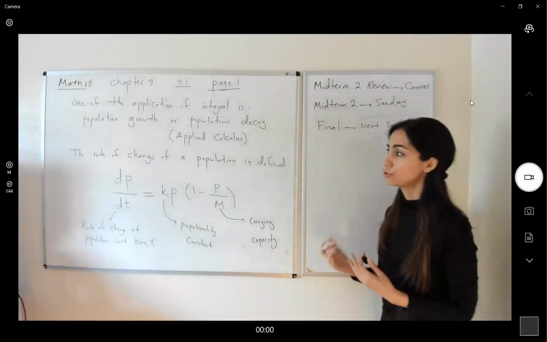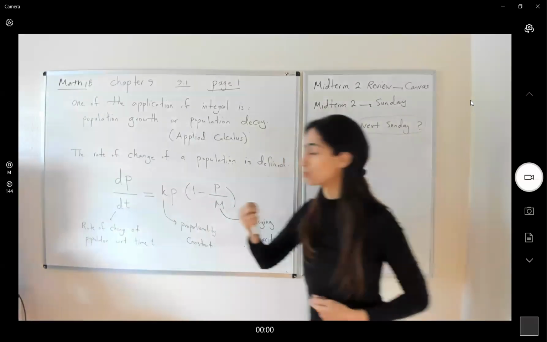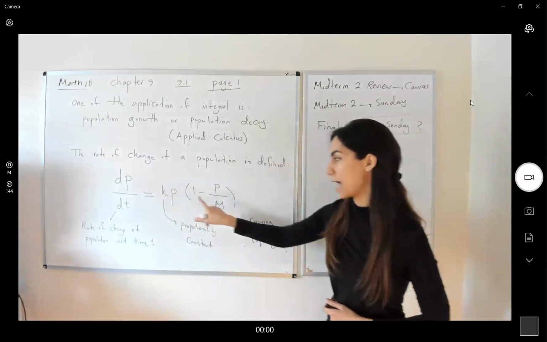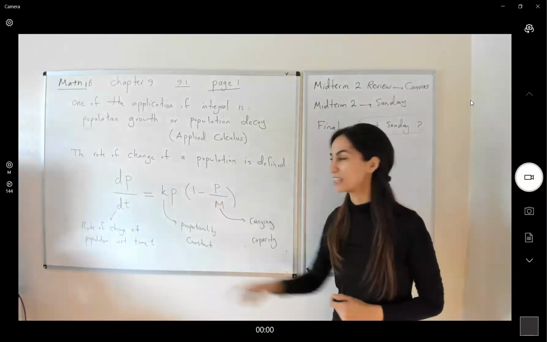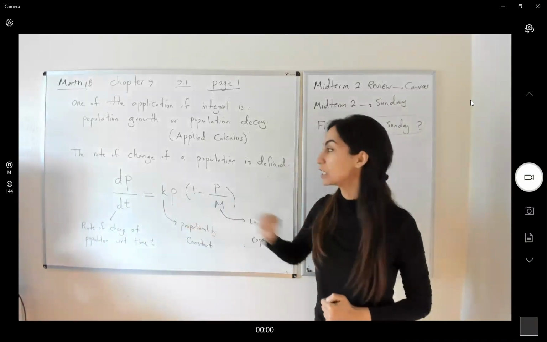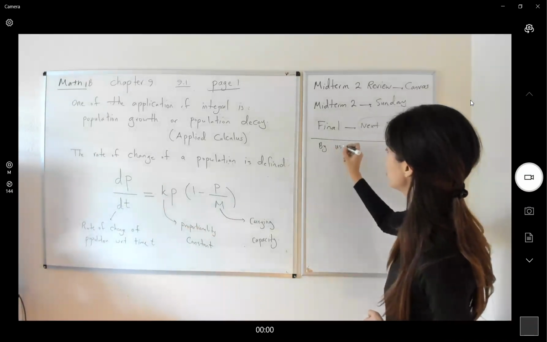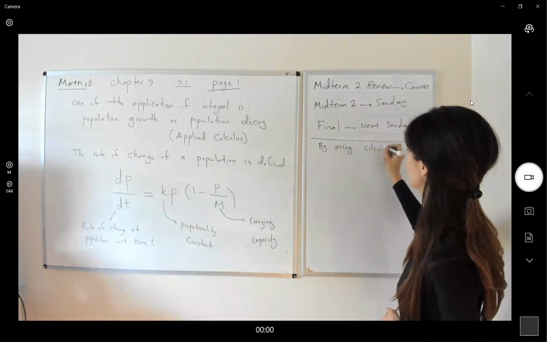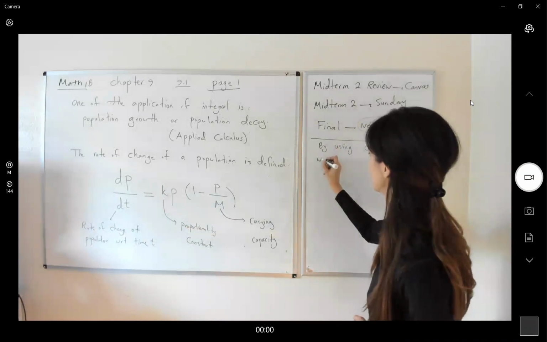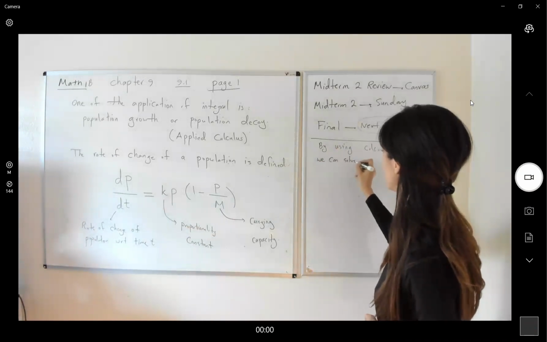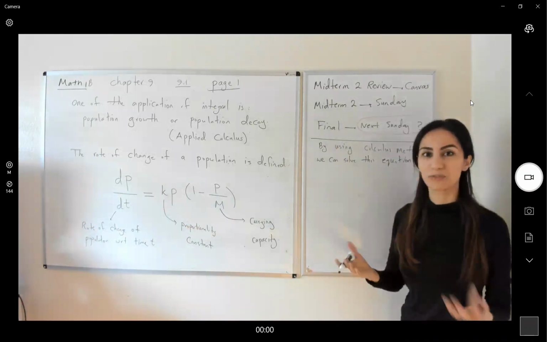When you solve a question related to the rate of change of population with respect to time, usually K and M are given to you. Using calculus methods, we can solve this equation. How?